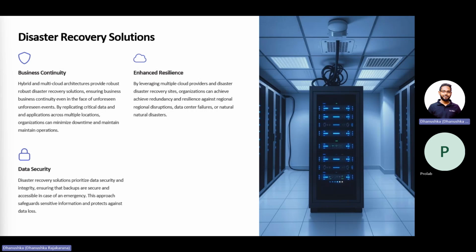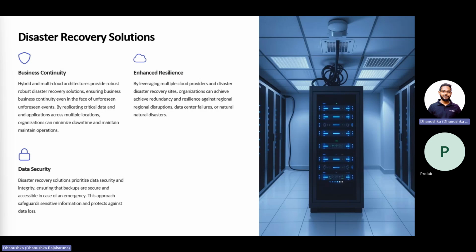The key components of disaster recovery solutions are data replication, failover and failback mechanisms, cloud-integrated testing and validation, and security measures.